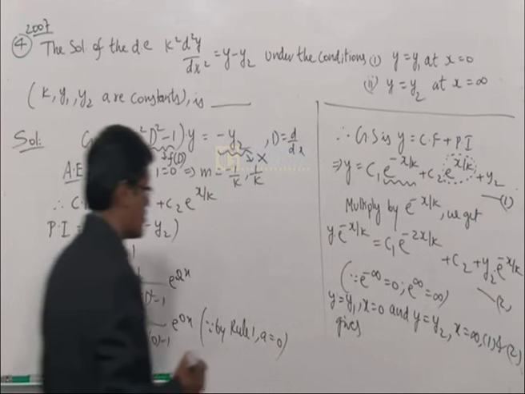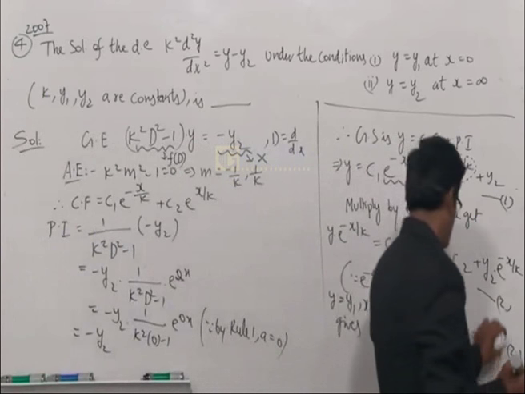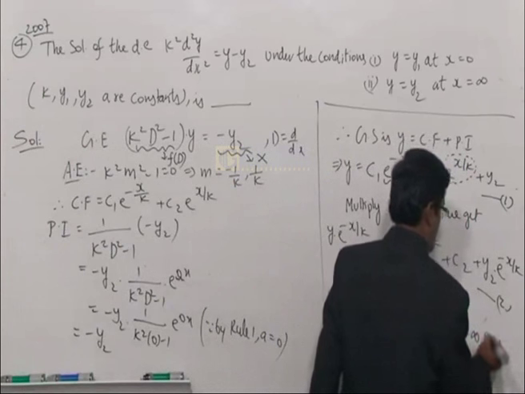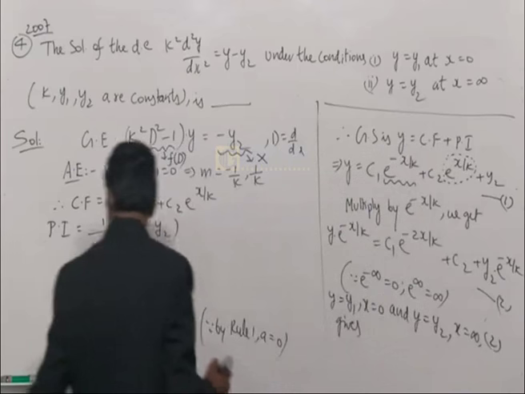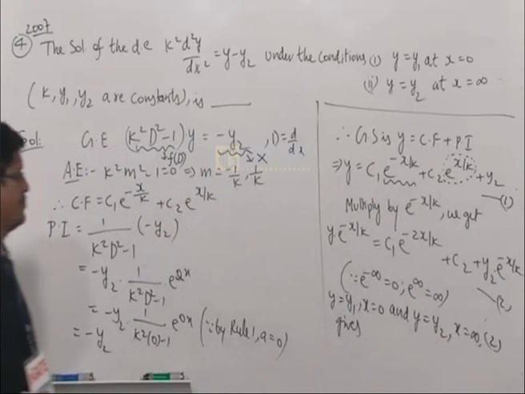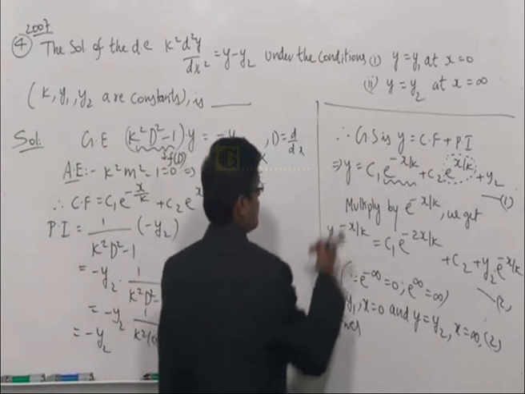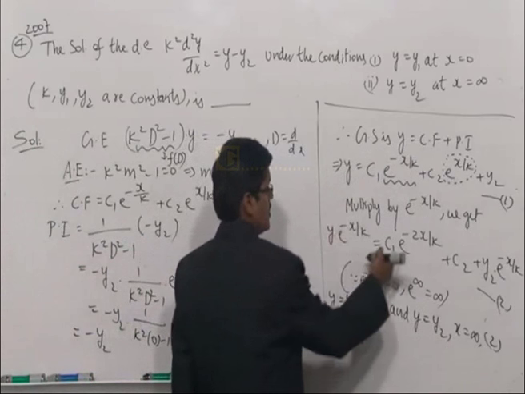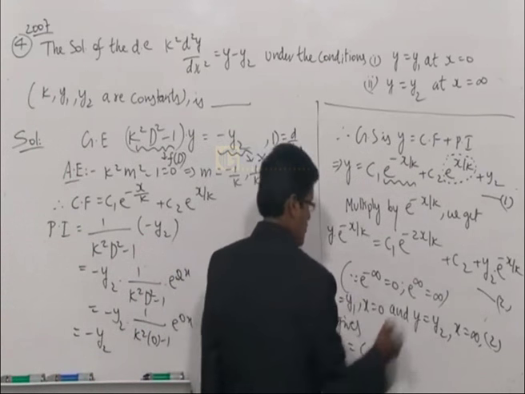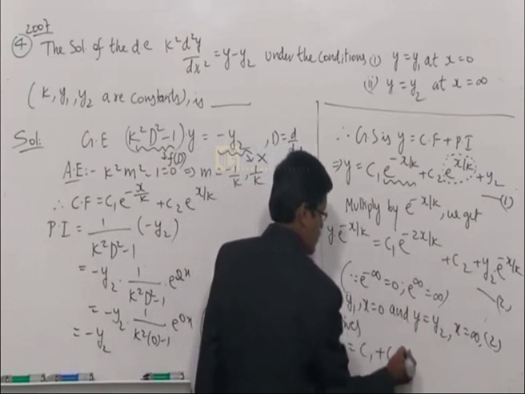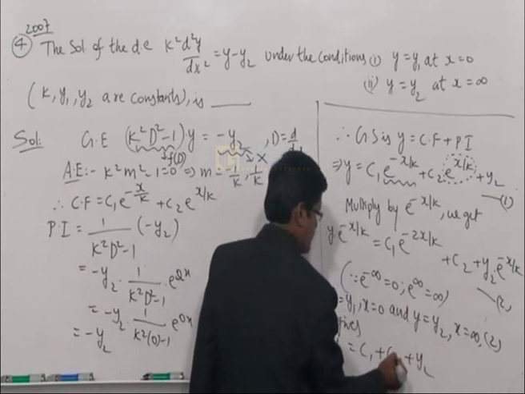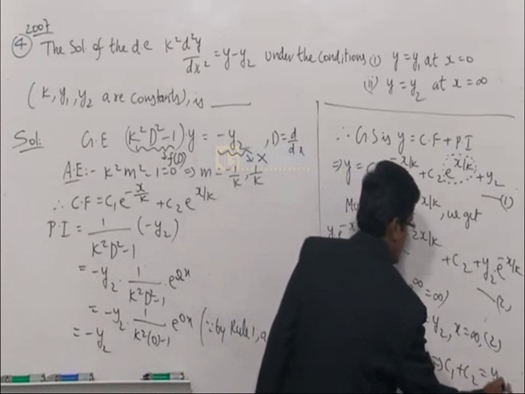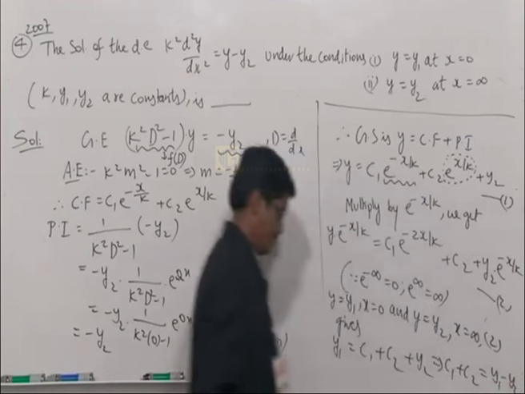Directly 2 gives, substitute in 2. Because we multiplied, we got a new equation obtained from the first equation, 2 gives. First, y is equal to y1, e power 0 value 1, c1 into e power 0 value 1 plus c2 plus y2 into e power 0 is 1. From this, c1 plus c2 is equal to y1 minus y2.